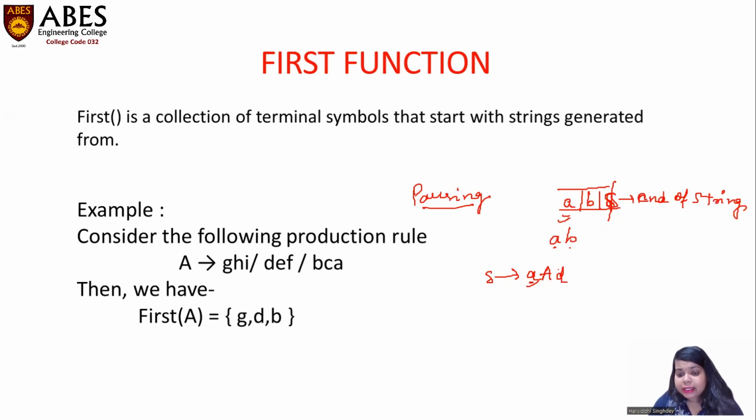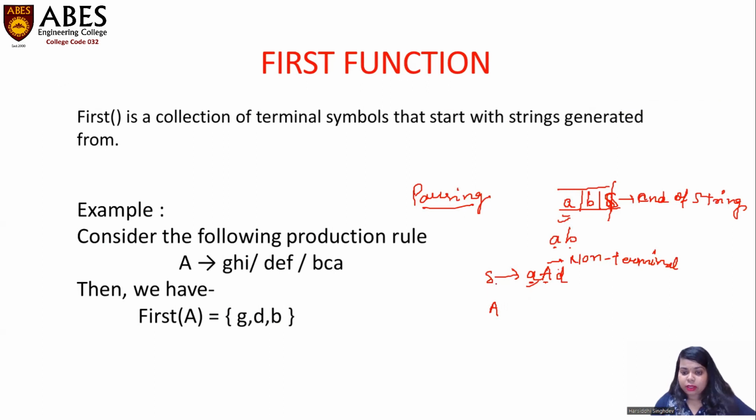Now, the second symbol in the production rule is capital A. A is a non-terminal symbol. There are basically two types of symbols: one is terminal and the other is non-terminal. Terminal symbols are the small symbols which do not change in future, and a non-terminal symbol can further be derived by some other production rule.